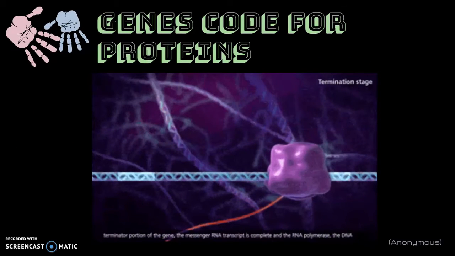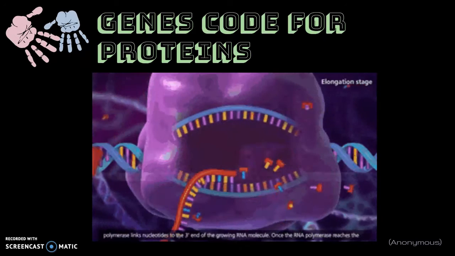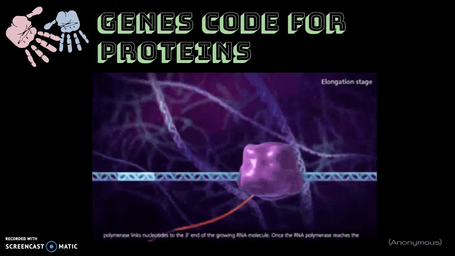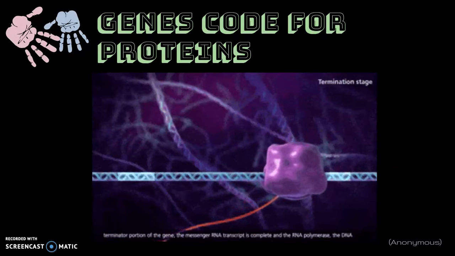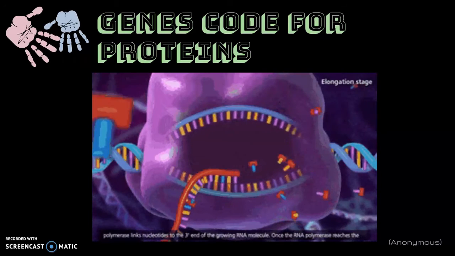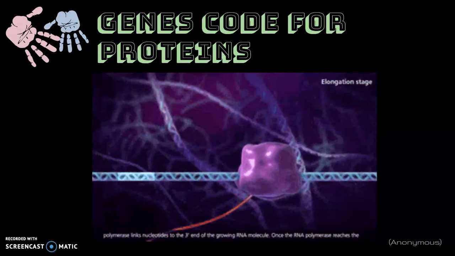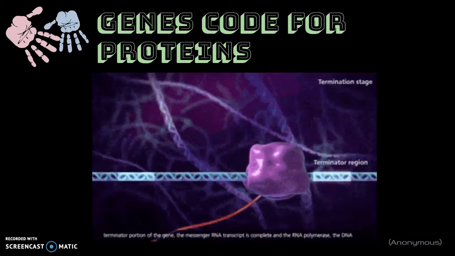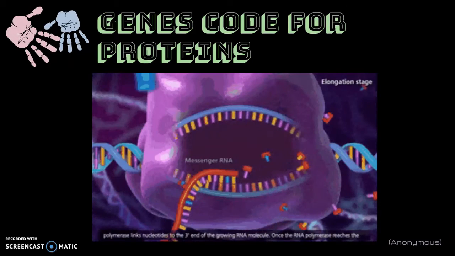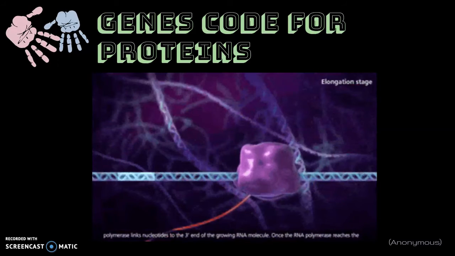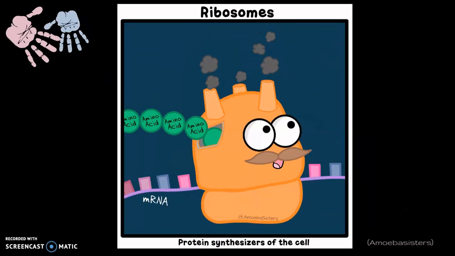So here is a little diagram of how DNA or genes are translated. RNA polymerase binds to the promoter region in the gene and unwinds as it transcribes an RNA molecule, the long red strand you see. Once RNA polymerase reaches the terminator region of the gene, the RNA strand is released and goes to a ribosome.